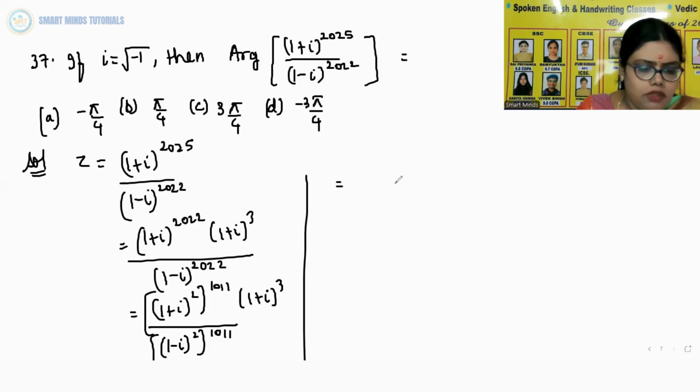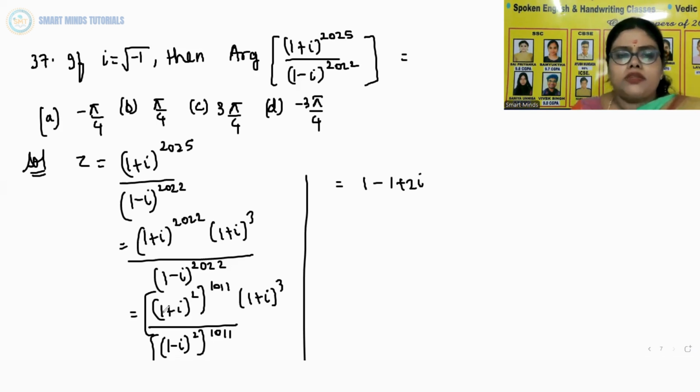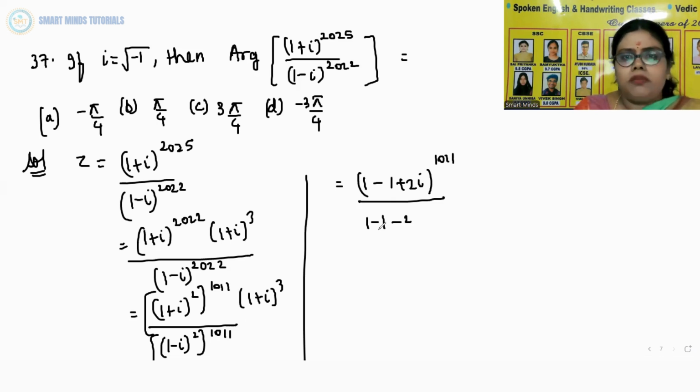So that is equal to 1 minus 1 plus 2i, like here we are expanding a plus b whole square, a square plus b square plus 2ab, whole power 1011, by here also 1 minus 1 minus 2i whole power 1011, into 1 plus i whole cube.